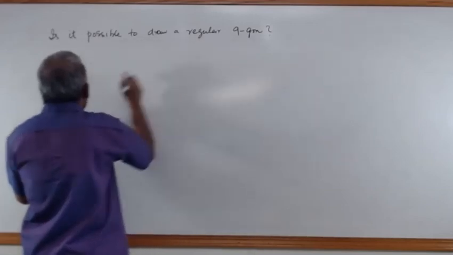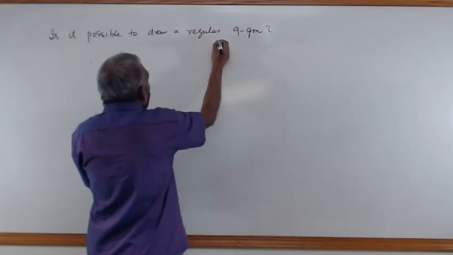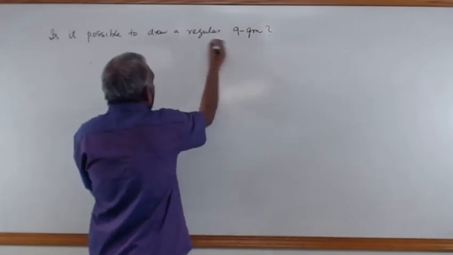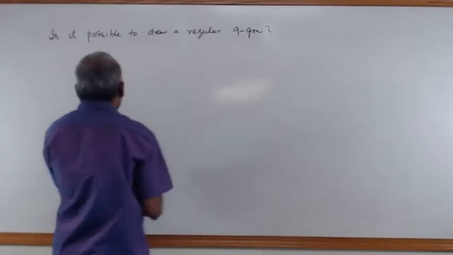Regular means it's equal. So all the sides are equal, all the external angles are equal, or internal angles are equal.